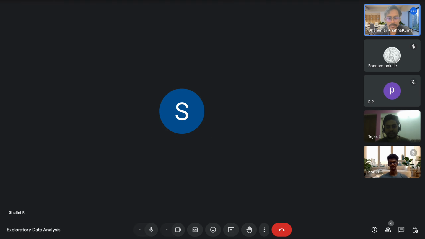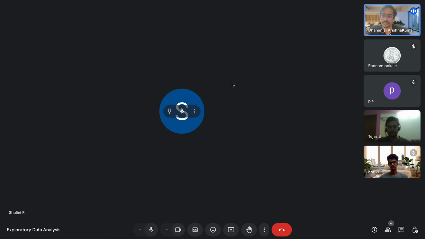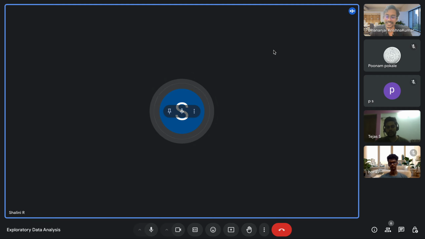Okay, cool, you can present. I also did a very little thing on Boston Housing, but you can present first. Mine is also very simple, actually. You can start. Okay, I'll present it.